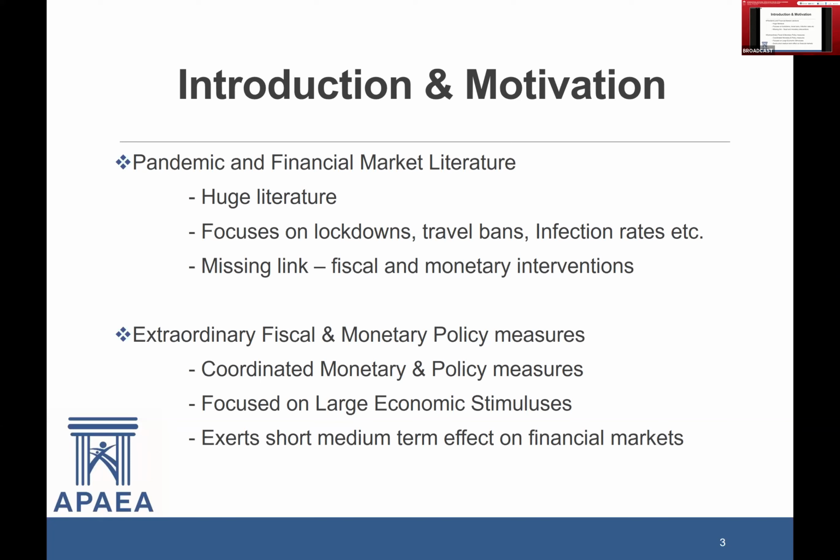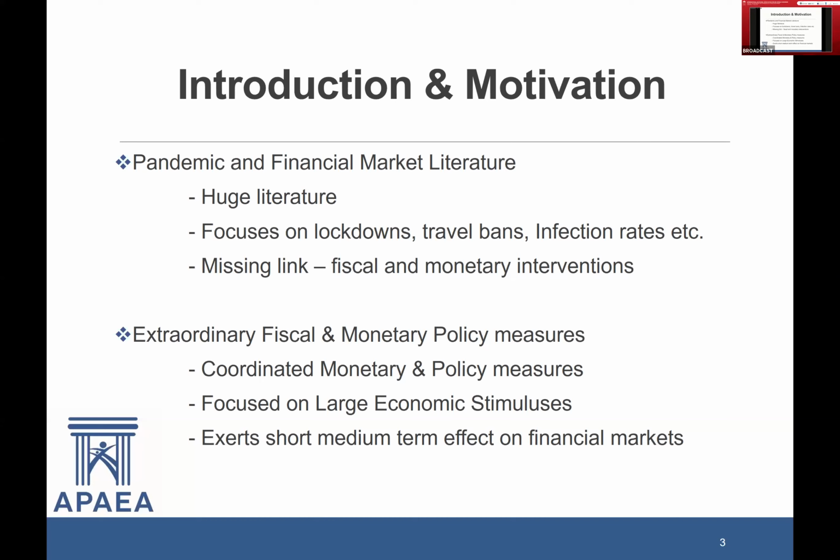All over the world, policymakers have gone in with large economic stimuluses, which have been supported by coordinated monetary and fiscal policy measures. The whole idea has been that all of these measures tend to exert short and medium term effects on the financial markets.